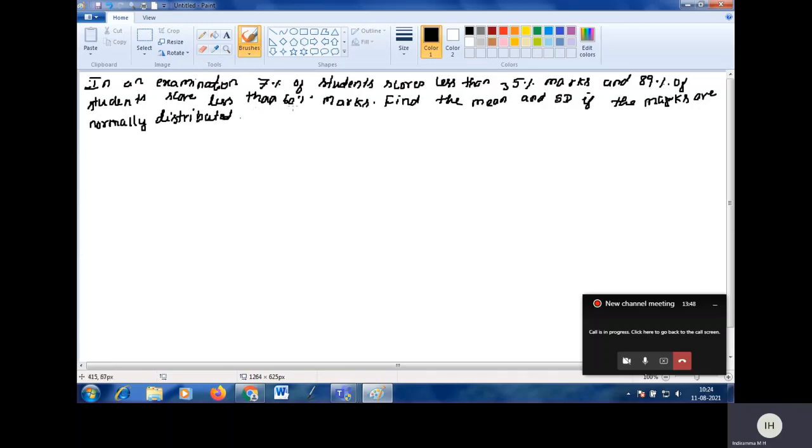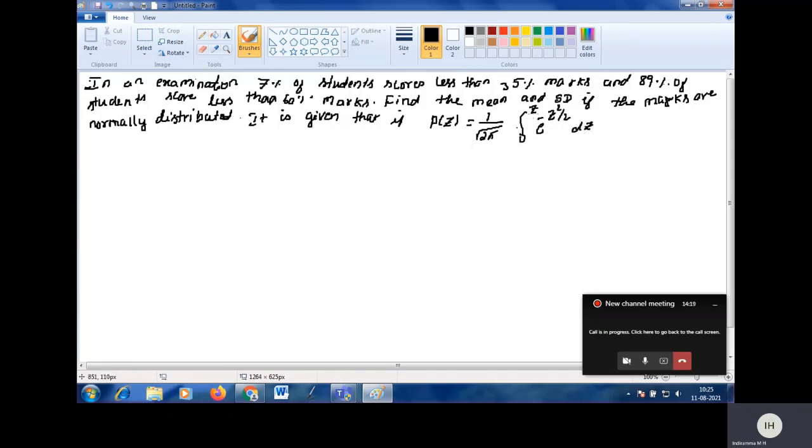First one, it is given that P of z, probability of z, is equal to 1 by square root of 2 pi integral 0 to z e to the power of minus z square by 2 dz.